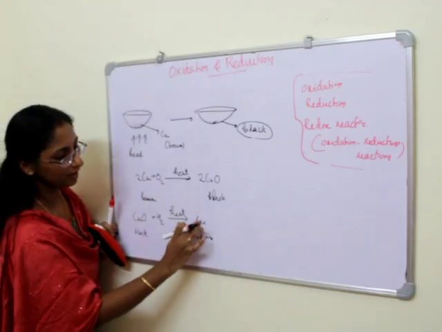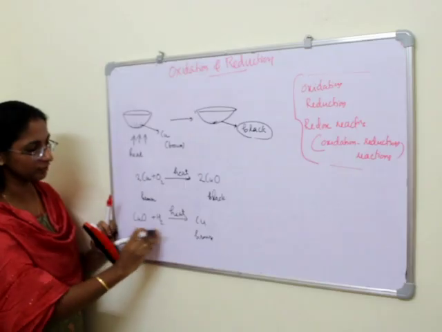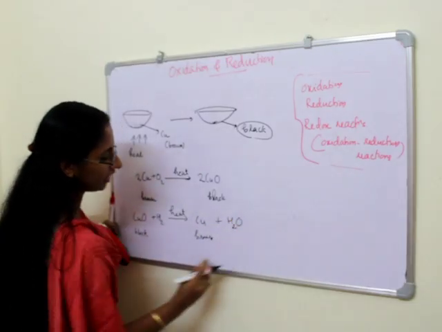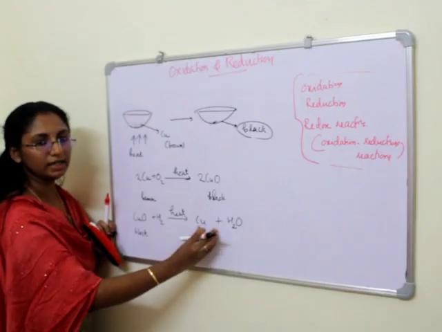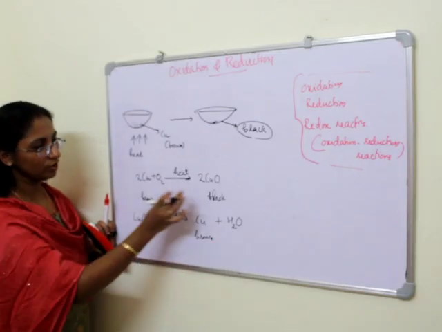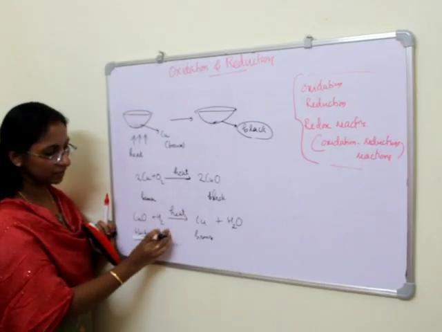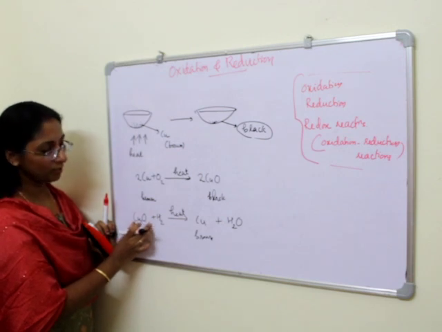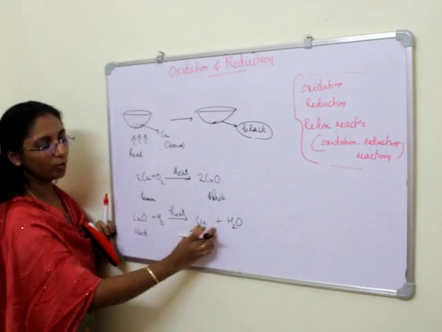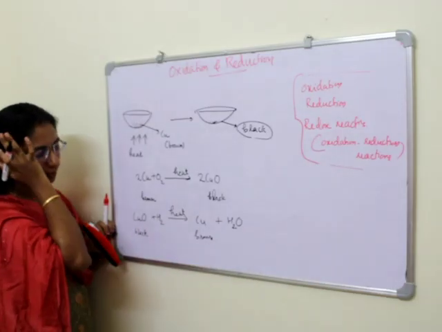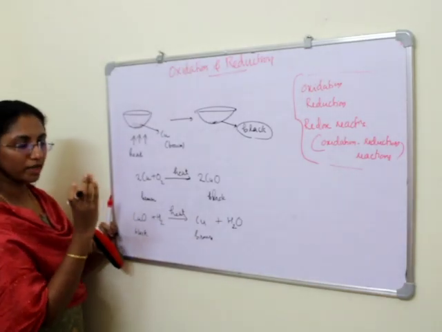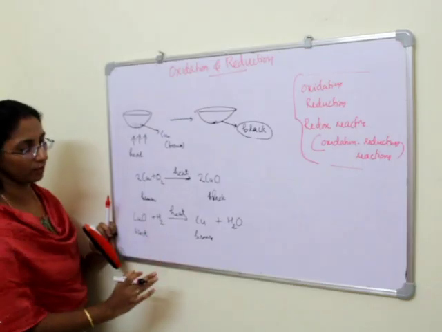So there may be elimination of water from this reaction. That's why we are getting brown colored copper metal. So if we pass hydrogen gas through this copper oxide, we are getting copper and water. That's why the color of this compound is changed from black to brown.